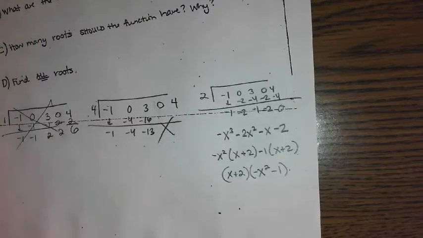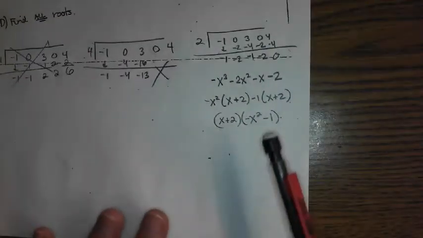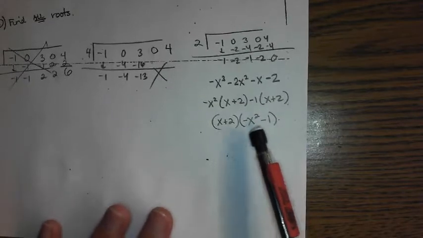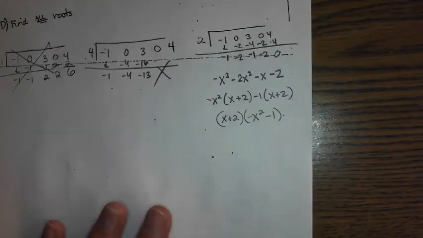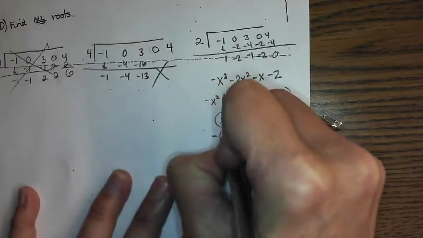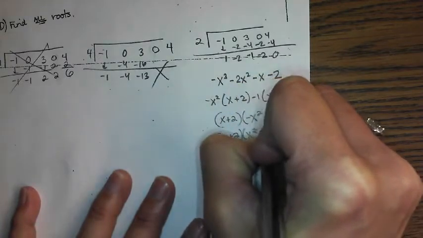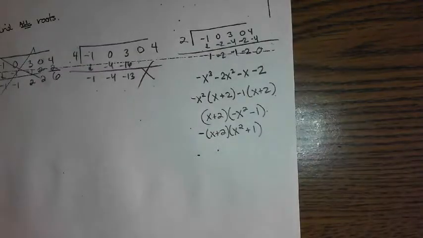And then what you'll probably see someone do when they factor is pull a negative out in front and change this to an x squared plus 1. Okay?